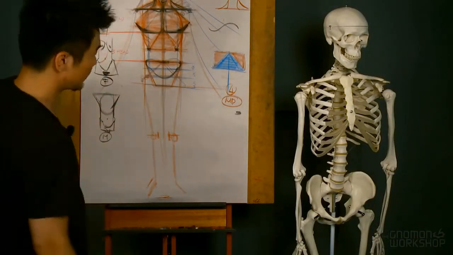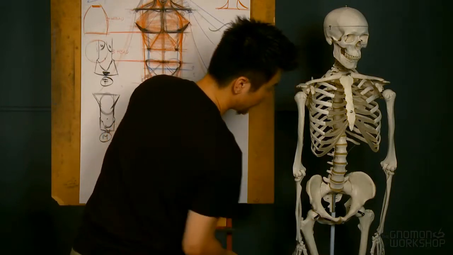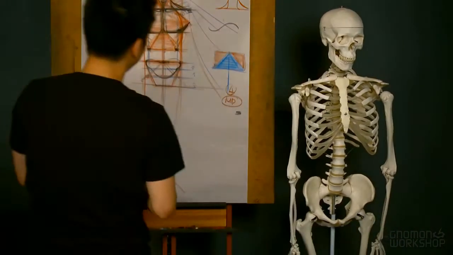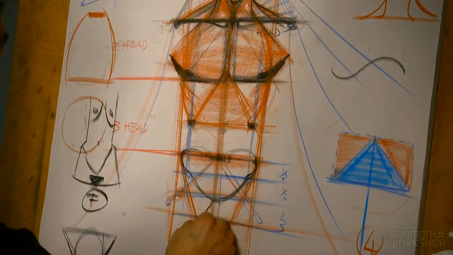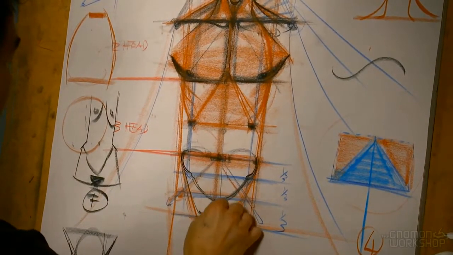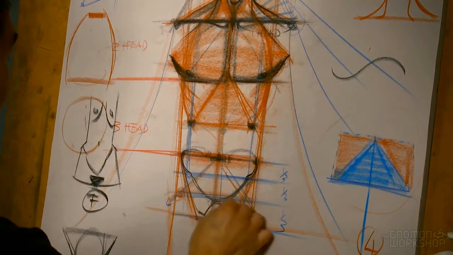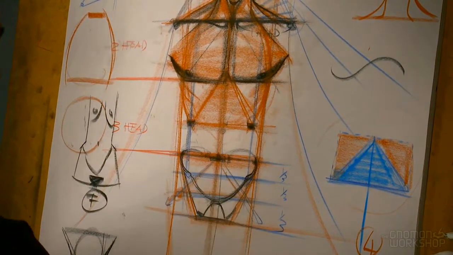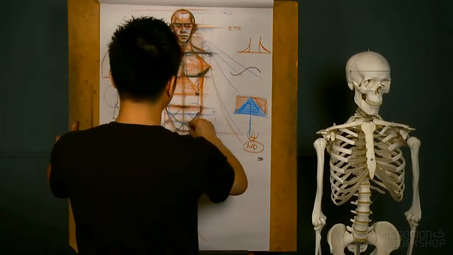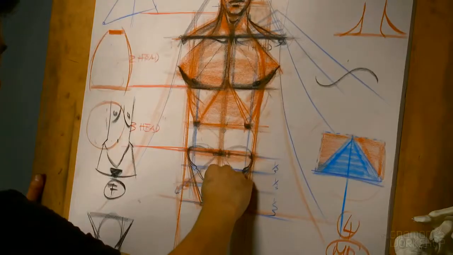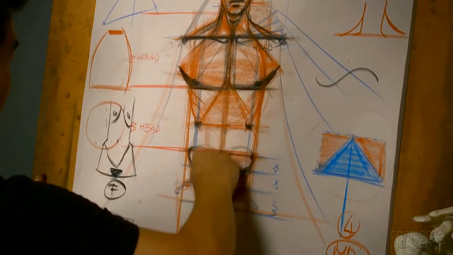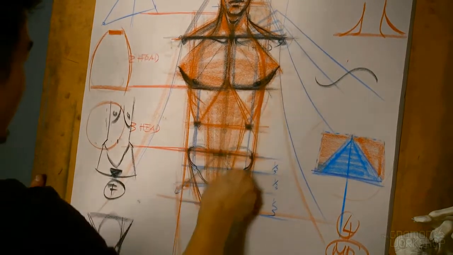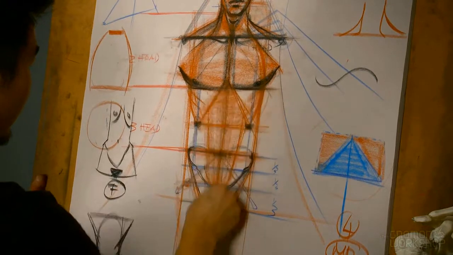And then the third third is going to be the bottom of the pelvis, this little ring called the ischium, right here at the bottom of the pelvis. So it's going to give you the base of the pelvis. Like I said, this second third is where your stomach ends. So if I take the stomach, it fits right in here.